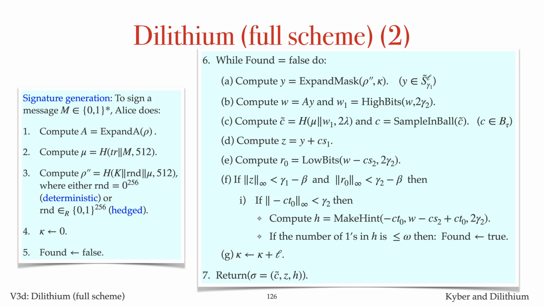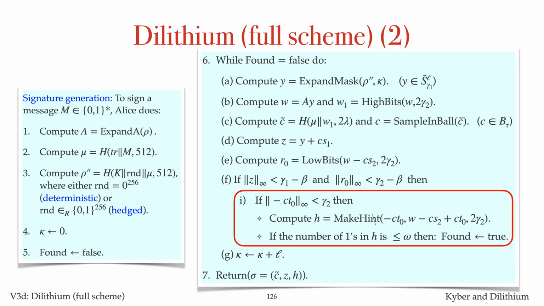Signature generation in the full Dilithium signature scheme differs only in steps 6f and 7 from the scheme without t compression that was presented in V2b. In step 6f, the signer verifies that the infinity norm of the polynomial vector minus ct0 is less than gamma 2.